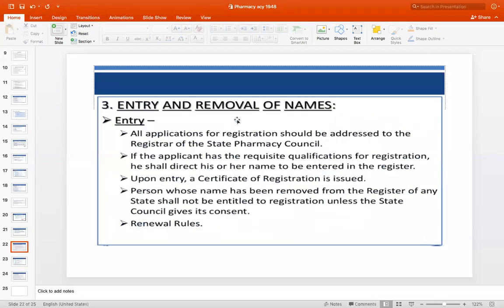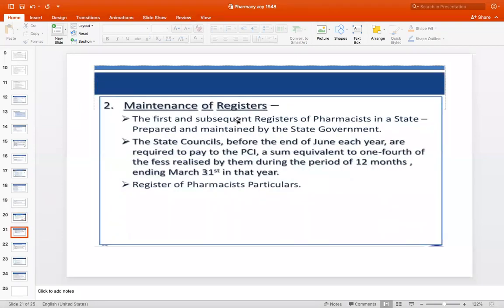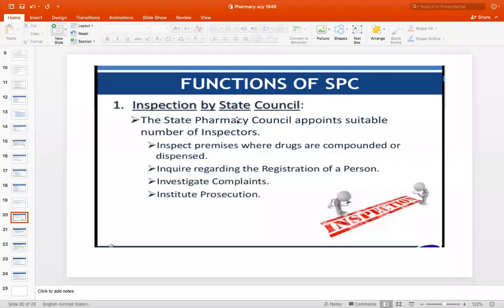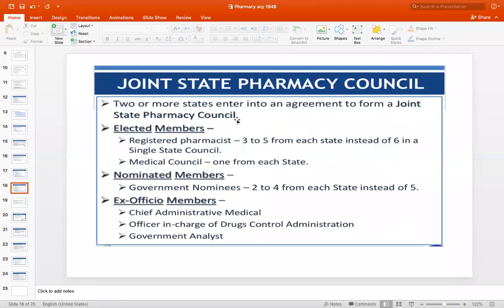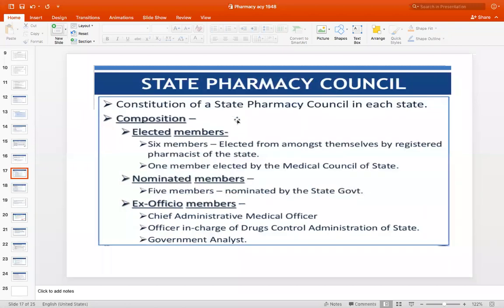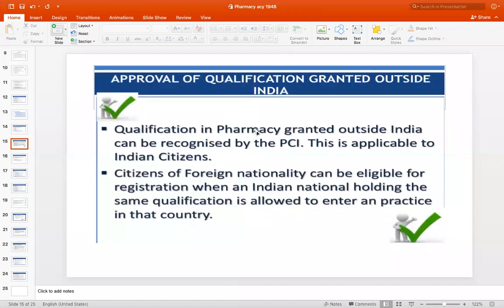Yes. Okay. What are the functions of PCI? Ma'am, educating people about the regulations, rules related to education, and ma'am, proper licensing of the registered pharmacist. Okay.